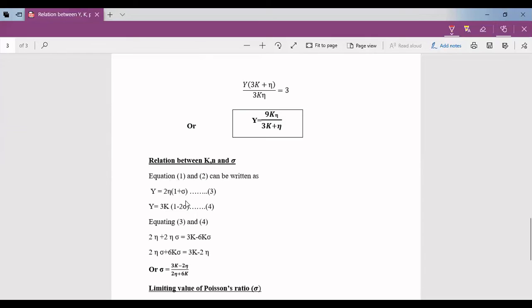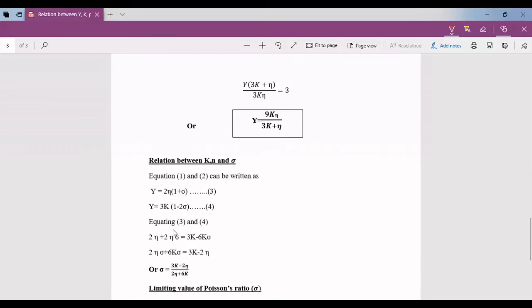So these two equations you take and rearrange the equation in terms of Y. So that the equation Y equal to 2 eta into 1 plus sigma, you call equation 3, and you call Y equal to 3K into 1 minus 2 sigma equation number 4. And you take equation 3 and 4 and equate them.